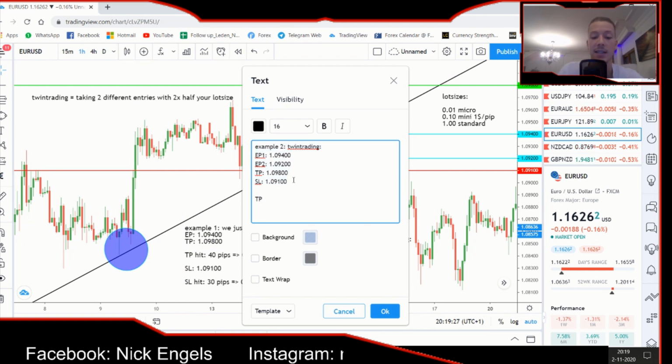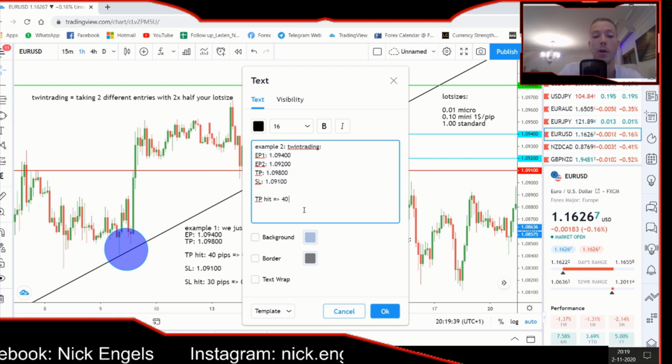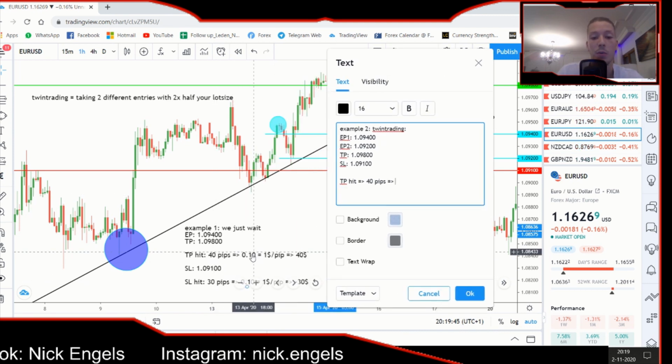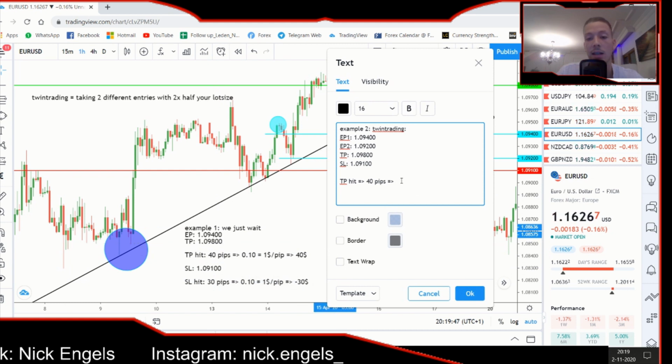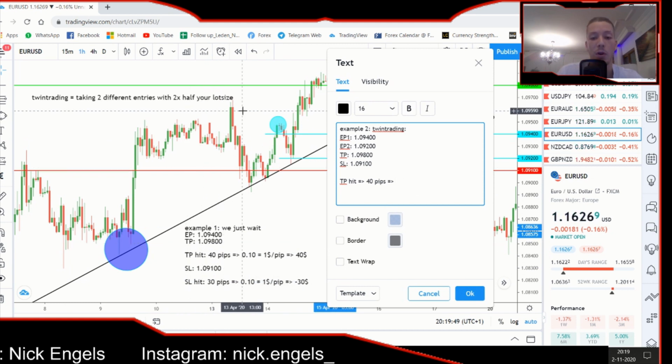Imagine TP gets hit, right? What does that mean? That means that that first entry from 1.09400 goes all the way towards that 1.09800. That's 40 pips, right? 40 pips. Now this is not done with our 0.10 lot size. This is done with half your lot size.